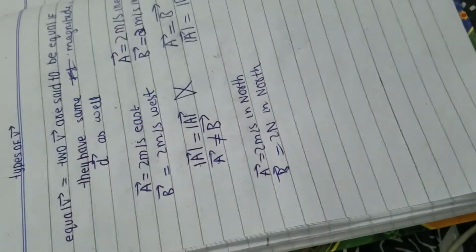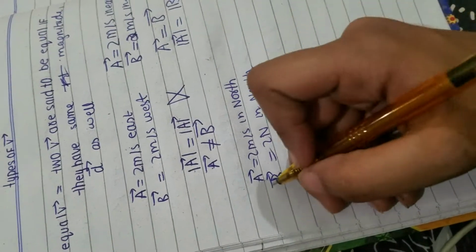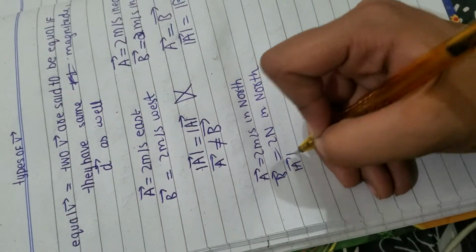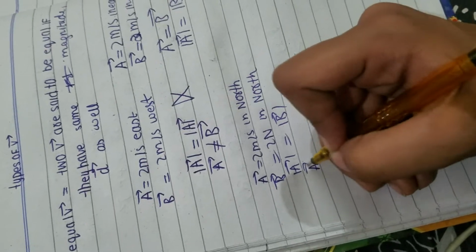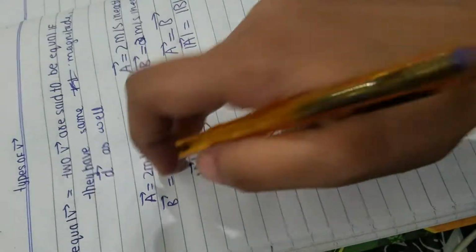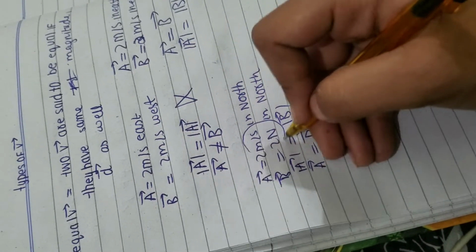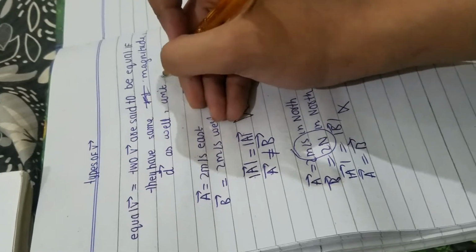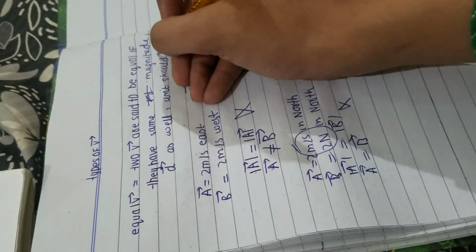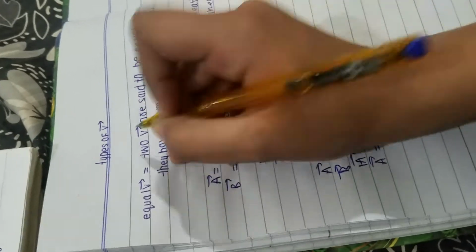So I could say that magnitude is same, direction is same as well. So is this an equal vector? My answer is no, just because their units are different. And for vector, we need to know that the unit should be same as well in order to become an equal vector.